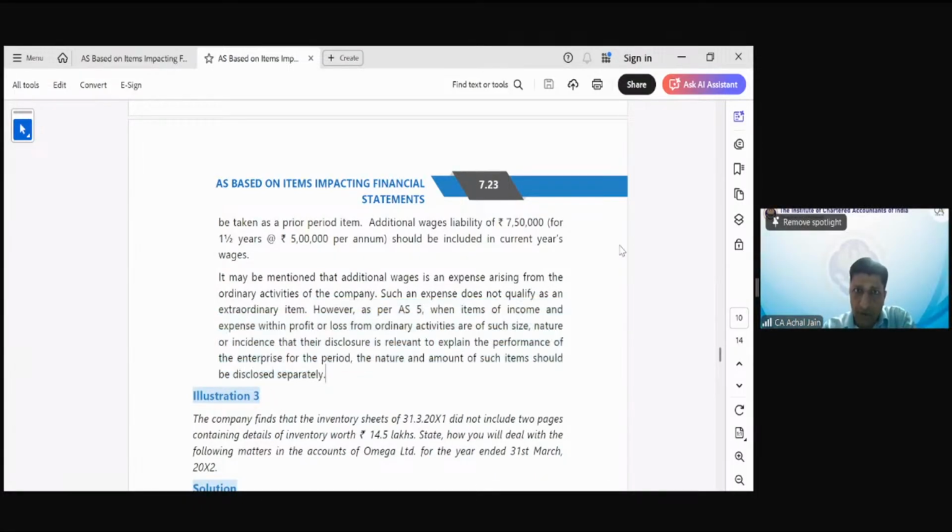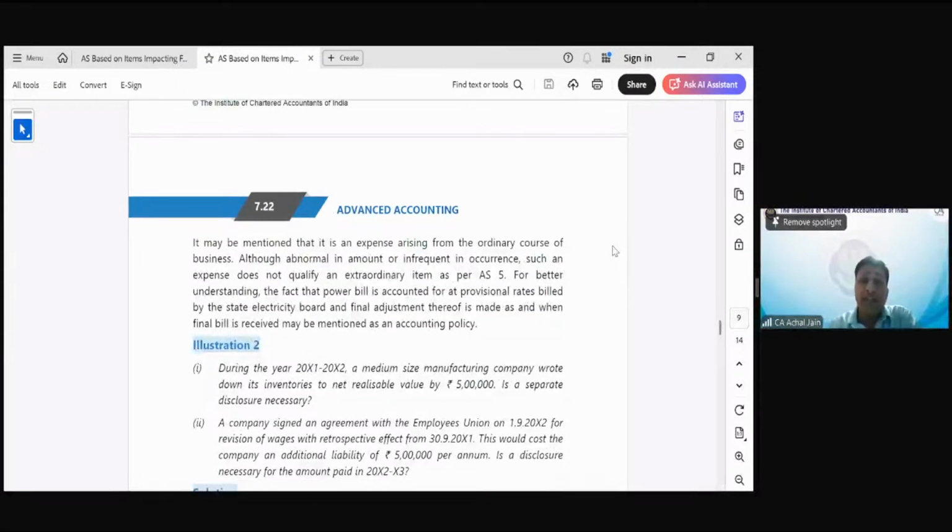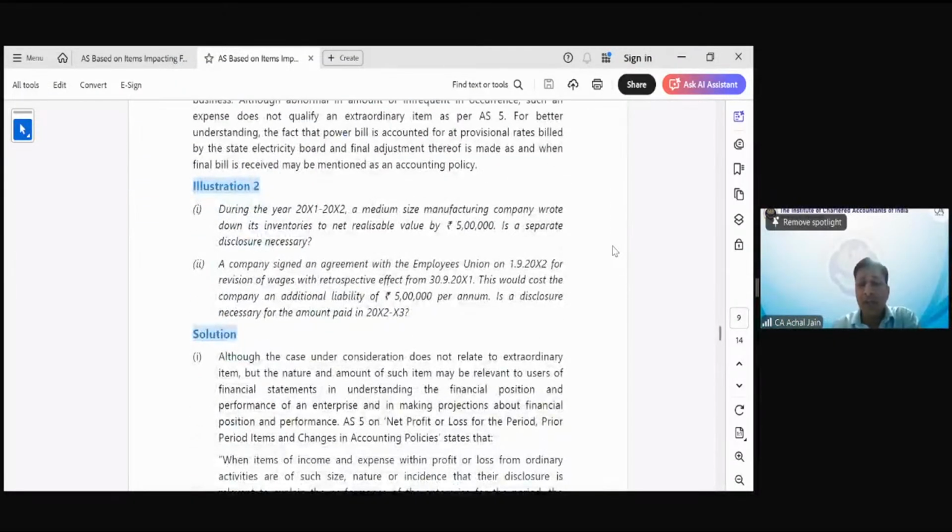Now, coming back to your point. For you to say that, you need a very significant amount, correct? Yes, sir. Now, for this entity, what makes you say that 5 lakh is not significant? We don't know. Maybe it's an entity for which 5 lakh is a very significant amount.